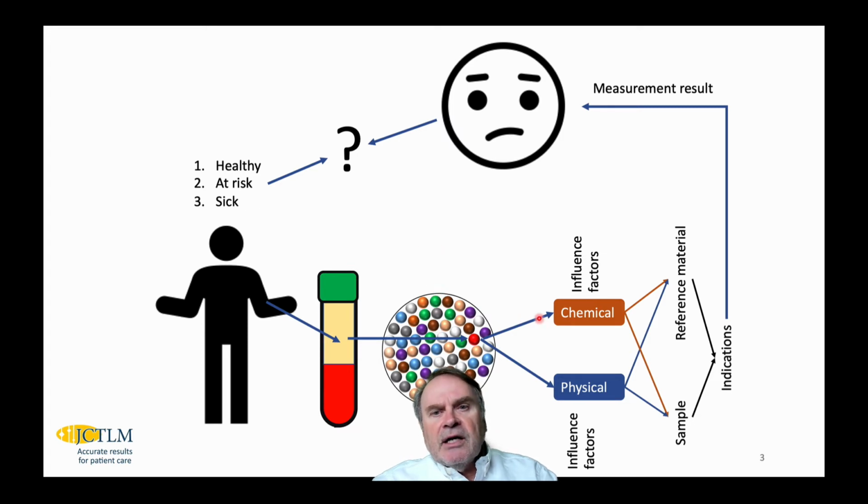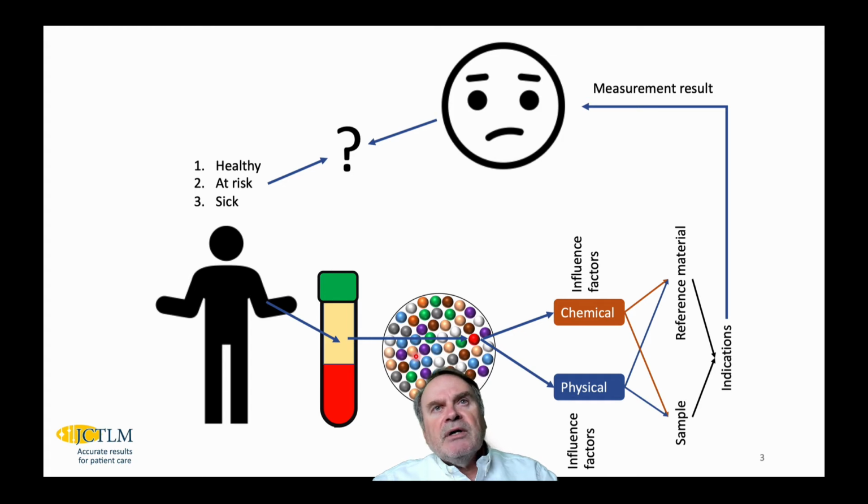Both the chemical and physical methods used in laboratory medicine are subject to influences by other molecules in the sample and in the reference material than the molecules of interest. These influences by all these molecules are called matrix effects.